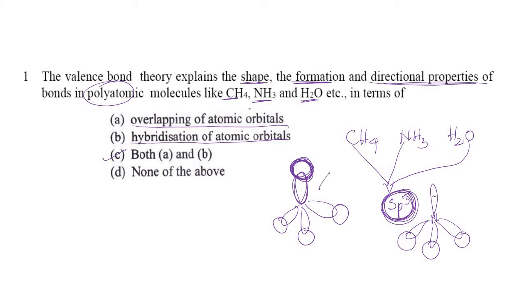So this was a tetrahedral methane, but in case of ammonia, presence of one lone pair makes the molecule undergo distortion and the shape of the molecule is pyramidal in nature. And if you see that with respect to water, there are 2 lone pair of electrons, because of which the angle will be reduced from 109.5 degrees to 104.5 degrees. As a result, the shape of the molecule becomes bent or angular or V-shaped.